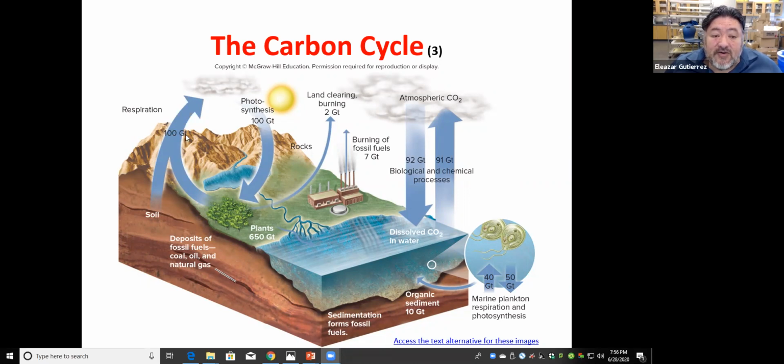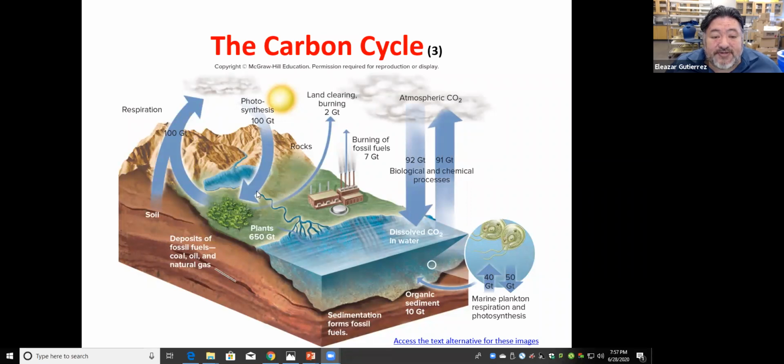Now we're dealing with gigatons. What's a gigaton? Well, you can have a kiloton. Kilo is 1,000. You can have a megaton. That's 1,000,000. Or you can have a gigaton. That's 1,000,000,000. So 1 gigaton is 1 billion tons. What are we talking about? 100 billion tons. Holy moly, that's a lot. So this is carbon dioxide coming from respiration up into the atmosphere.